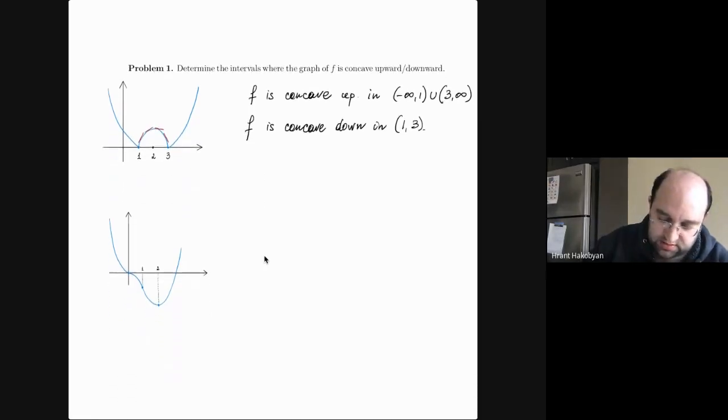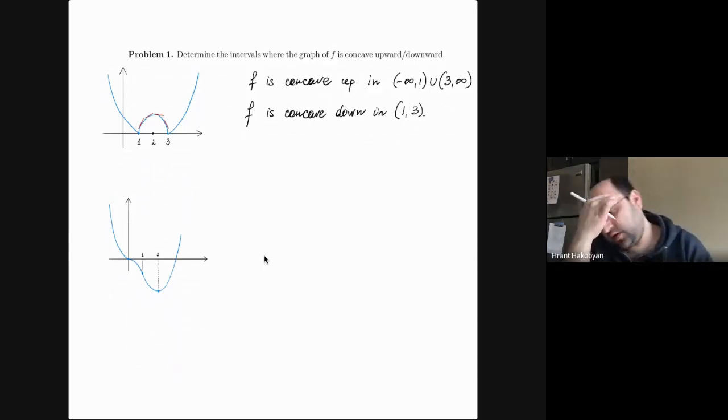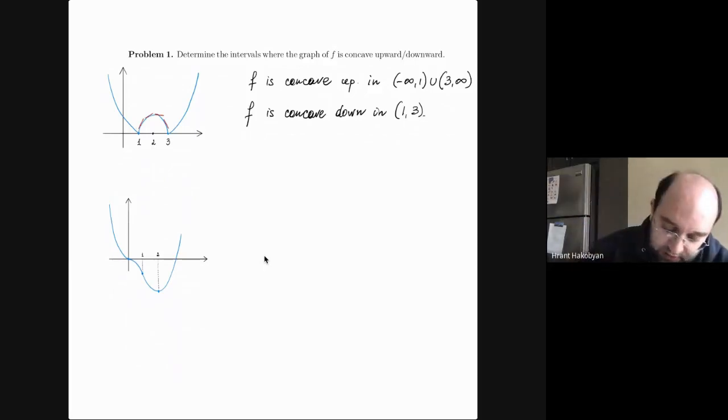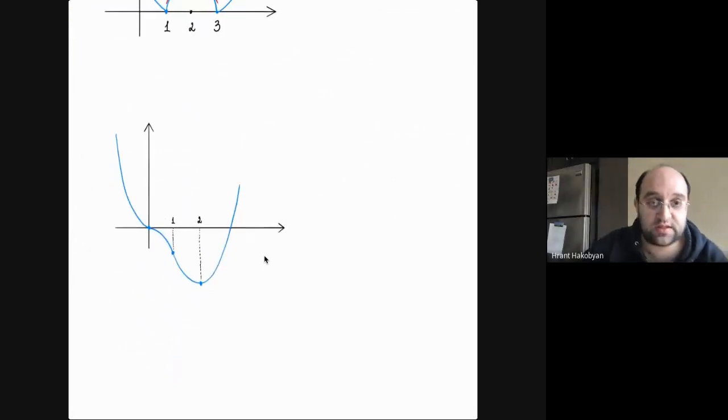Similarly, in this example here, where is the function concave up and where is it concave down? Where is the function bending up? Well, it starts here, and it's kind of bending up, right?